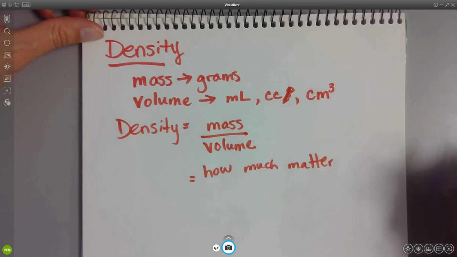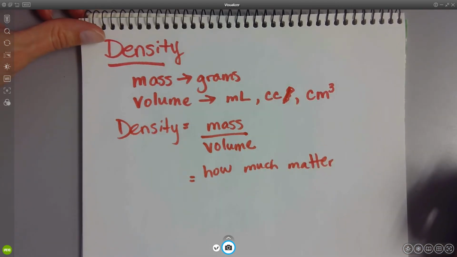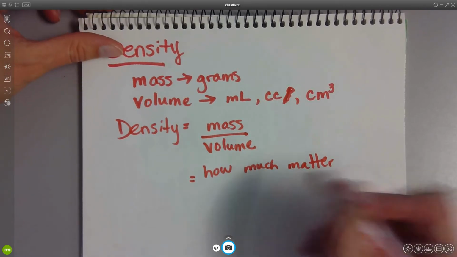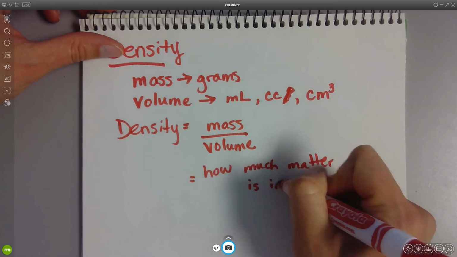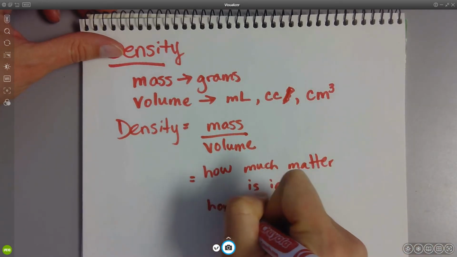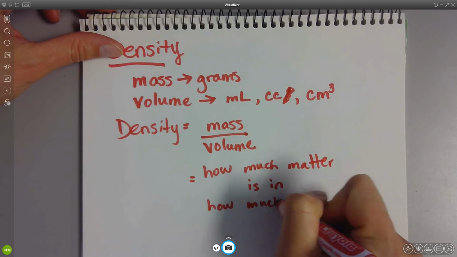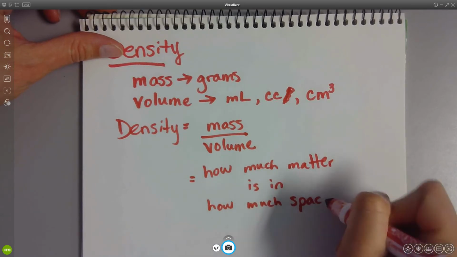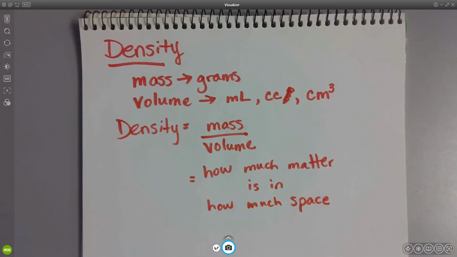What's matter? Stuff. A very excellent but non-scientific definition for matter is just simply stuff. Am I writing clearly and big enough for you? Yeah.